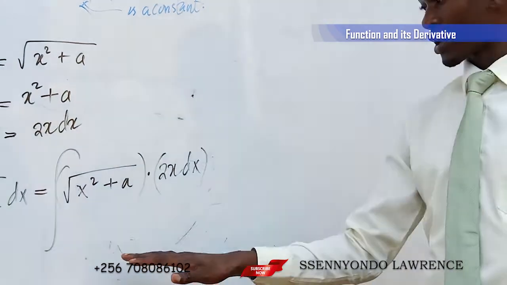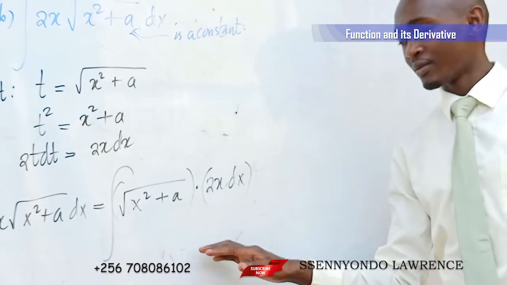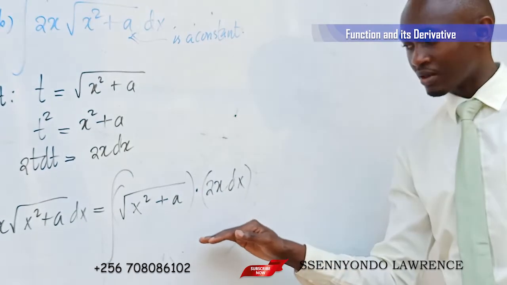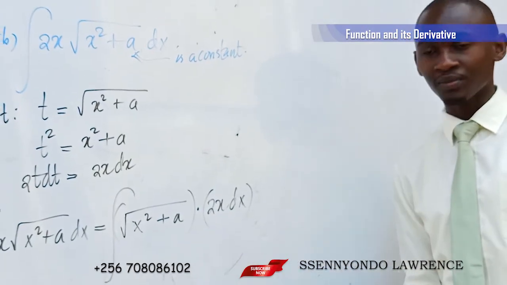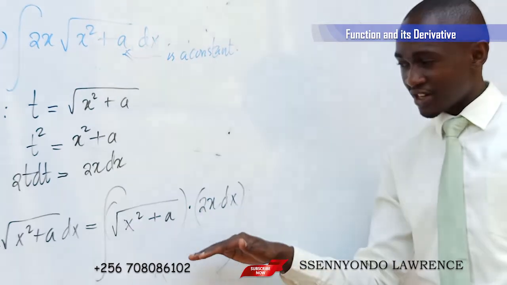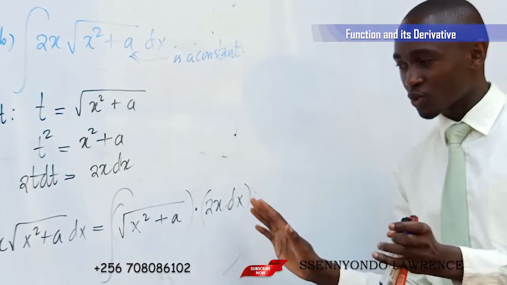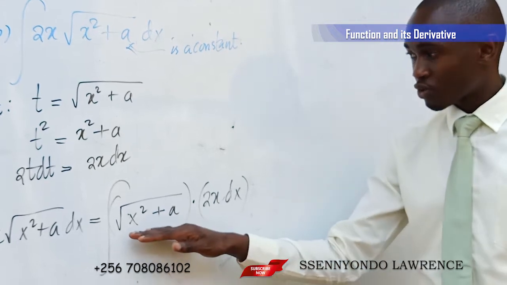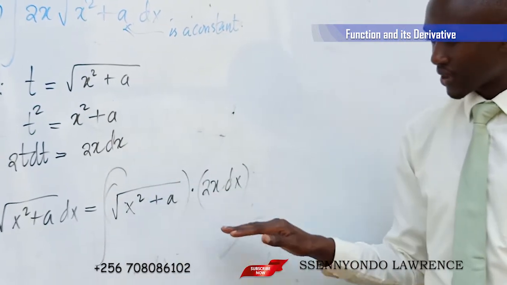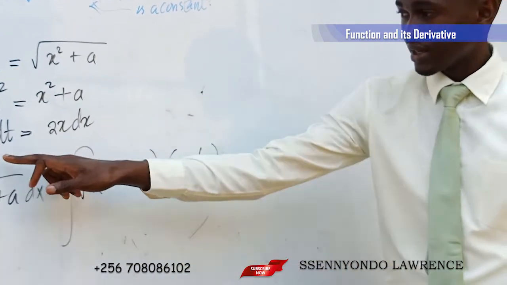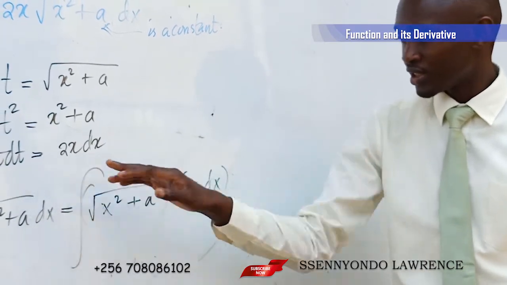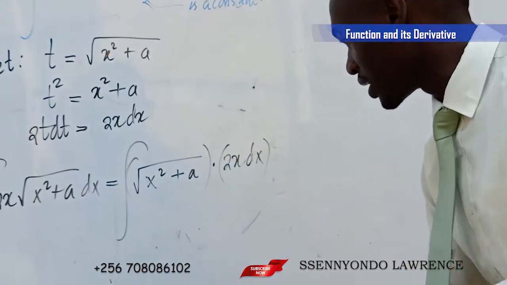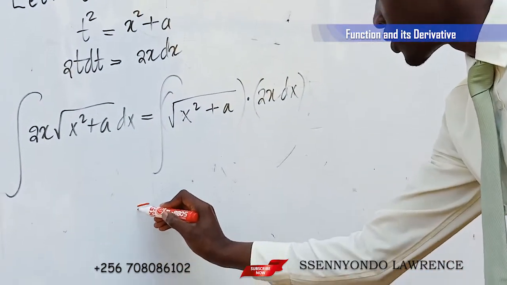This is the first time I'm doing this. When I do such a preparation, I'm organizing my equation for substitution, such that as I change the variable, everything is suited or ready for the new variable. So this quantity, we let it to be t, and the 2x dx is our 2t dt. So when you substitute in this, let's do the substitution down here.